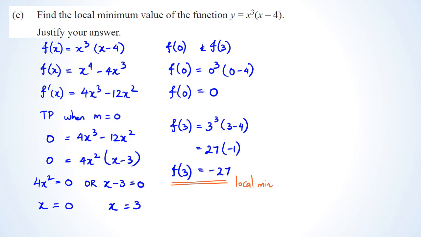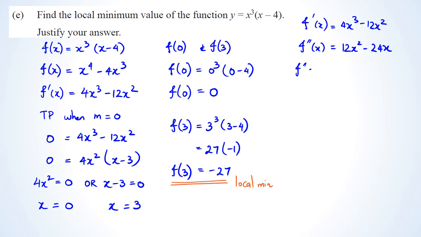The second way you can do is double differentiate. So what we have is f dash of x equals 4x cubed minus 12x squared. When I double differentiate it, I'm going to get 12x squared minus 24x. And I need to substitute my values for 0 and 3.